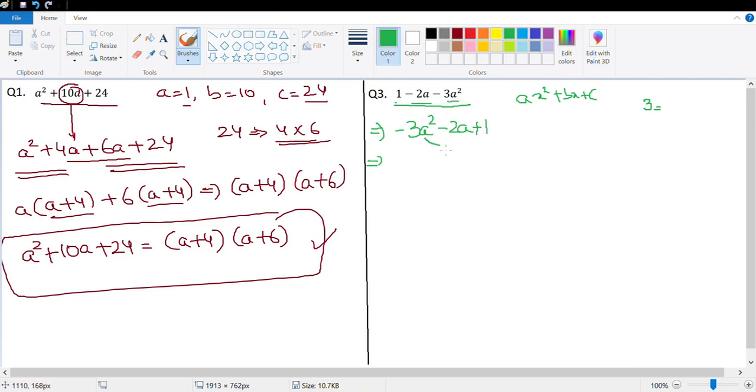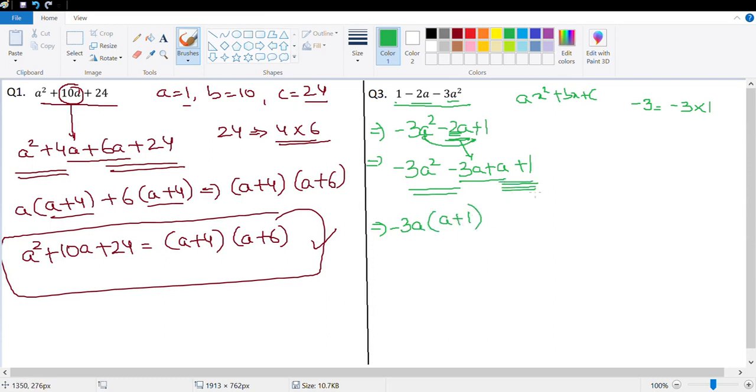I need to find factors of negative 3, the sum of which should be negative 2. So I can write negative 3 as negative 3 into 1. So negative 3a square minus 3a plus a plus 1. I have broken negative 2a as negative 3a plus a. Grouping it the way I have underlined, what we get common between the first two terms is negative 3a, so this is a plus 1.